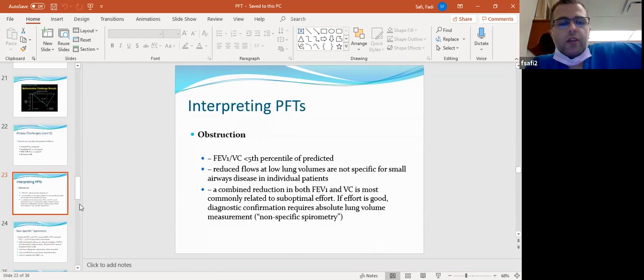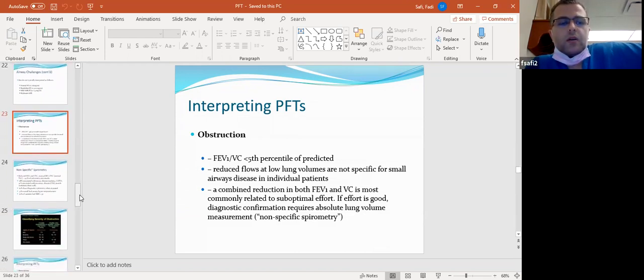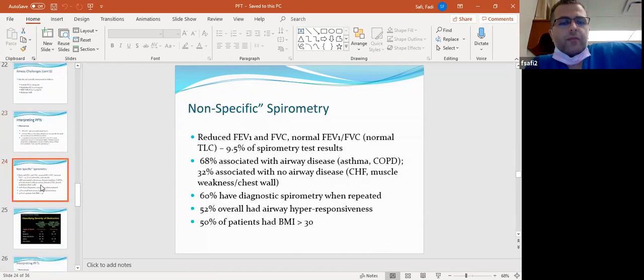You don't need to know the next one, which is mixed. Now, we sometimes have something we call a non-specific spirometry, but this is mostly for pulmonary fellows. I don't usually share it with the residents, but sometimes the FEV1 and the FVC are reduced, but the ratio is normal.